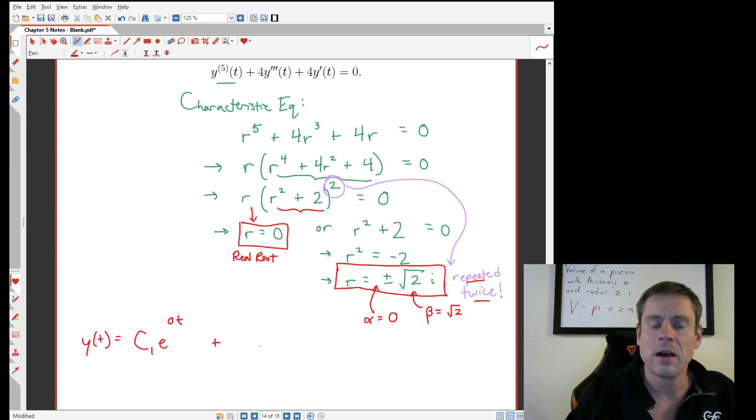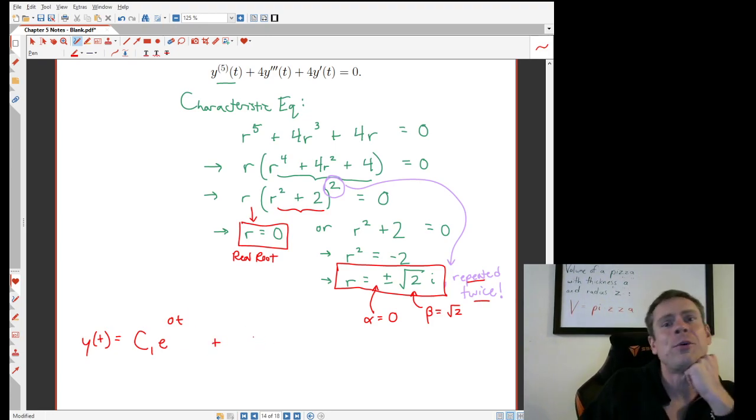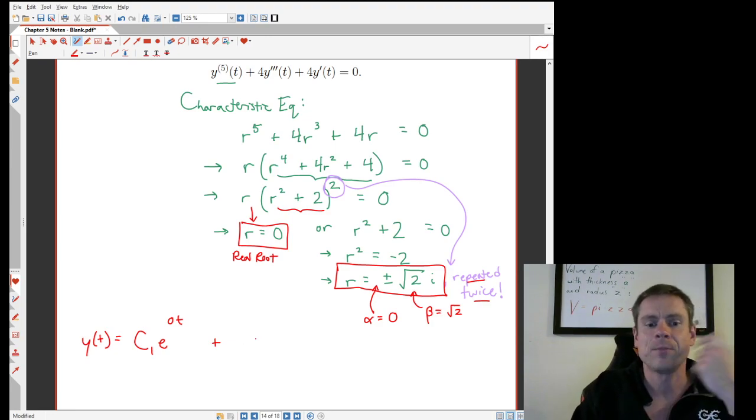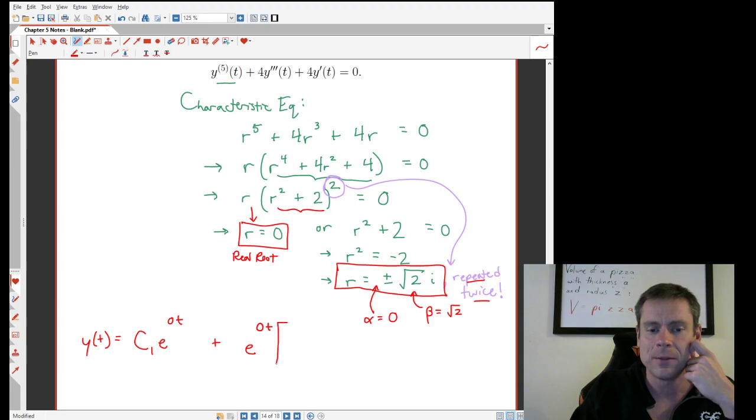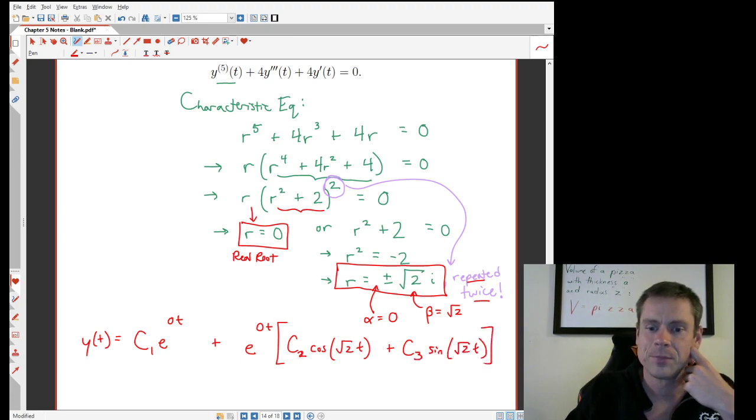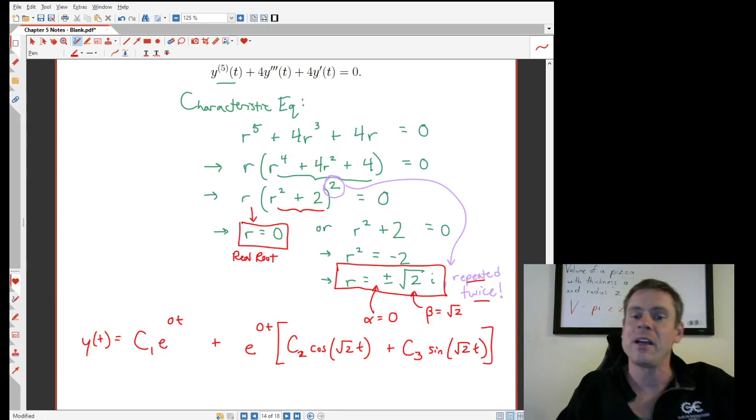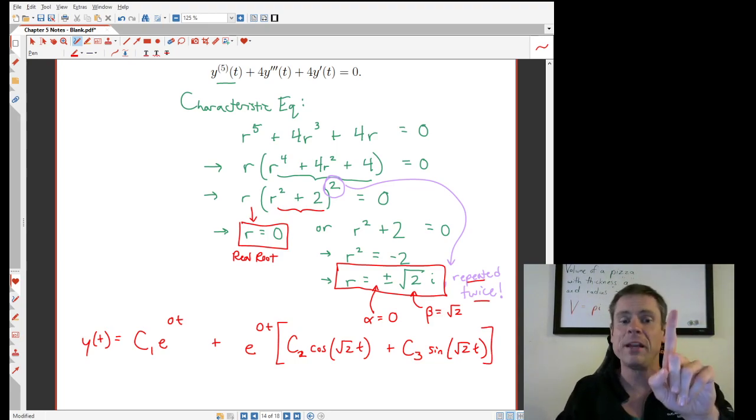And then I need to think about how those complex roots work. It's e to the alpha t, e to the 0t, and then c1 cos of the beta, root 2 t, plus c, oh wait, I already have c1, so I'll call it c2, and I'll do c3 sine of root 2 t. All right, that's the solution that comes from the complex root, but it's repeated twice.